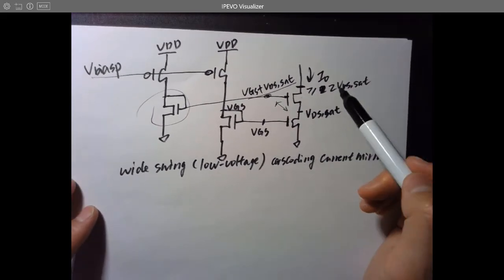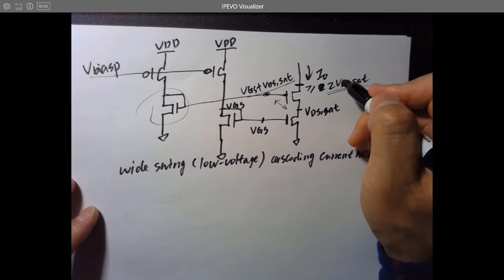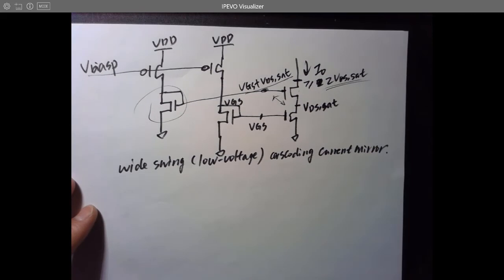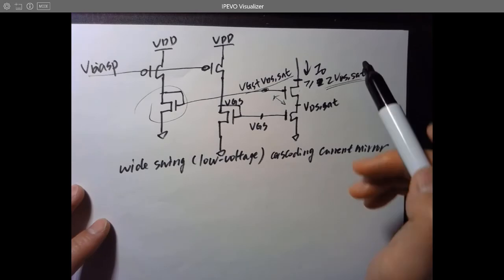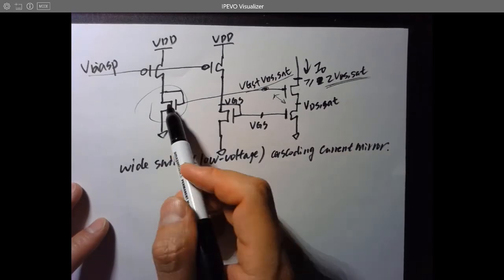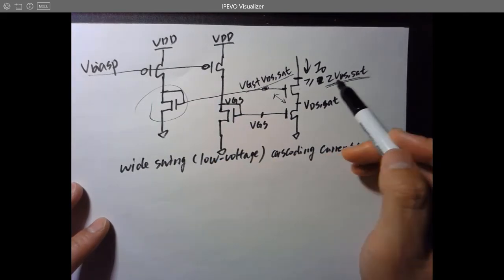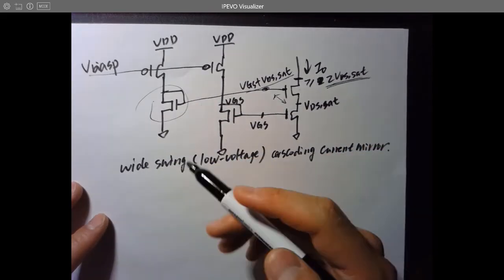And this is the smallest voltage we can reach, right? So we don't need a 2 VDS set plus VTH as in the previous example. In here, we can control these two NMOS separately in order to reach this one. It's not like you just use whatever current over here and you can reach this level. You have to adjust this voltage, this transistor to make this happen.